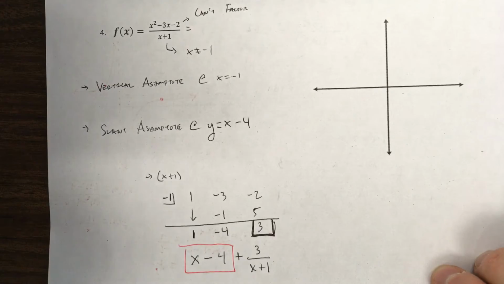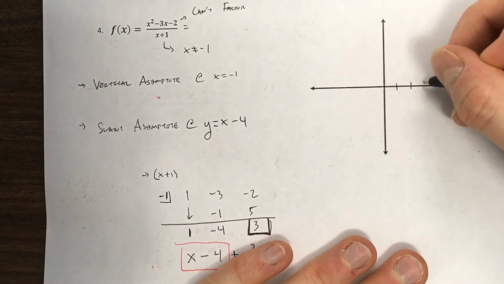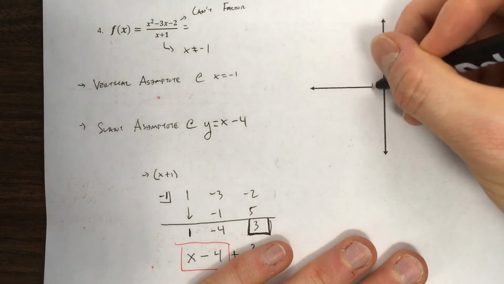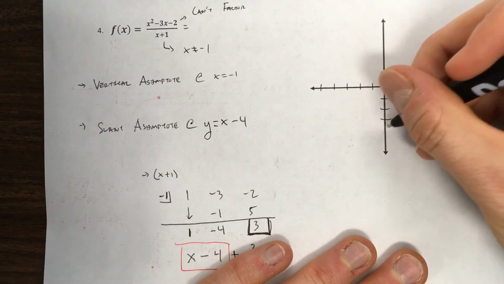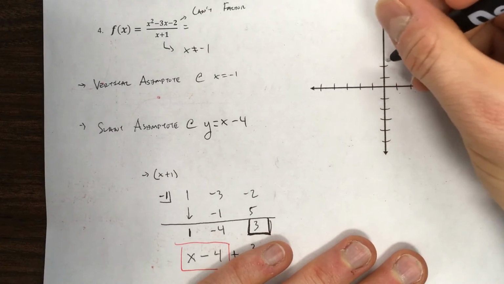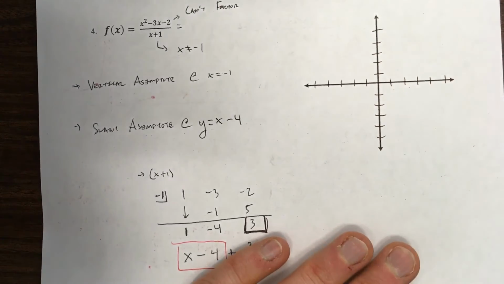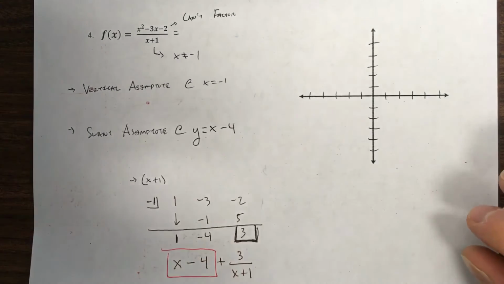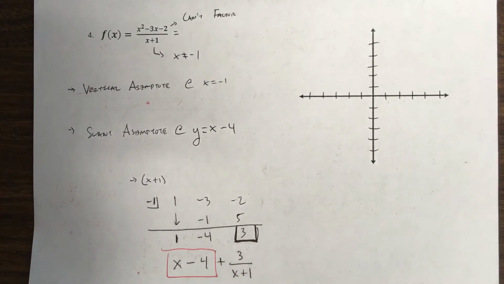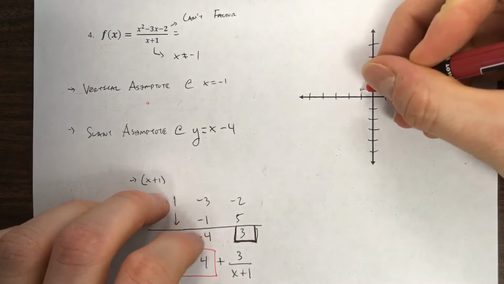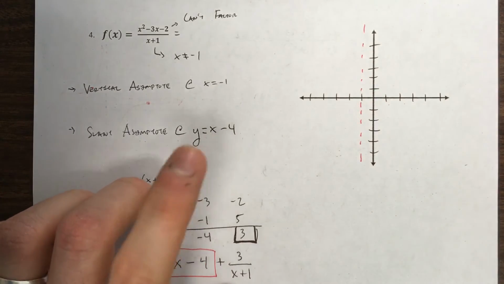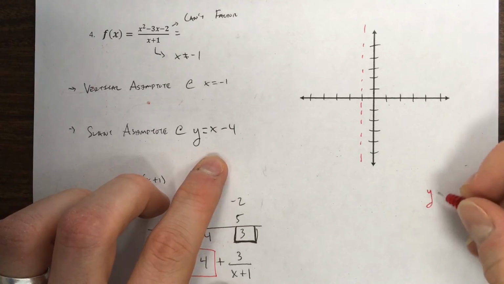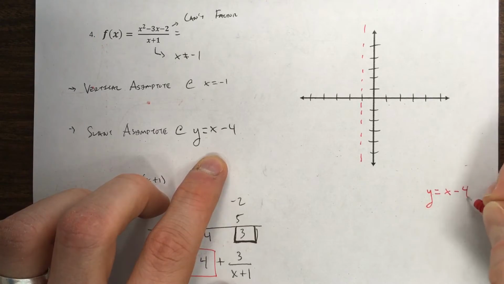So now let's graph this function. I'm going to do 1, 2, 3, 4, 5. 1, 2, 3, 4, 5. Vertical asymptote, we know that x equals -1. Slant asymptote. Our slant asymptote is at y equals x minus 4.